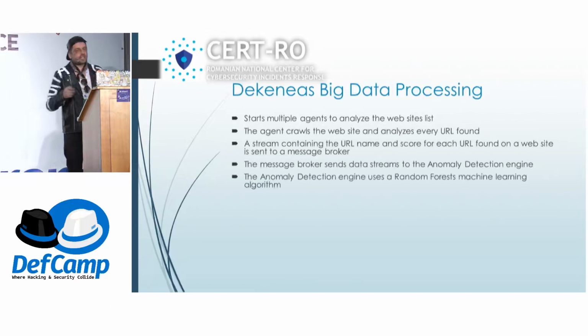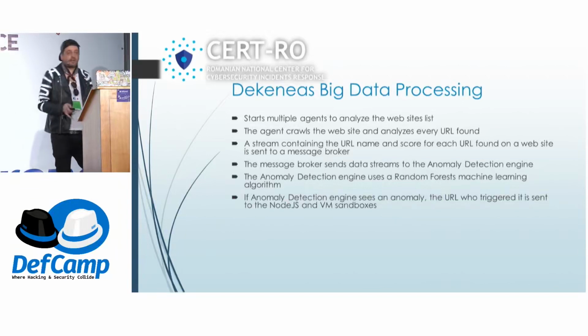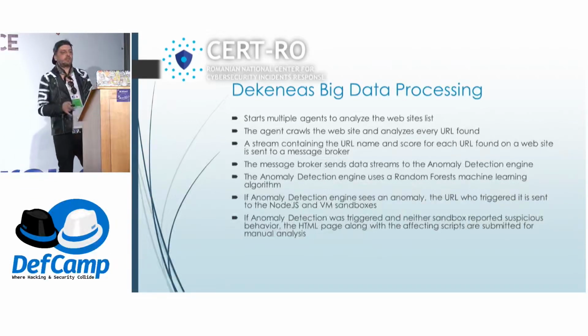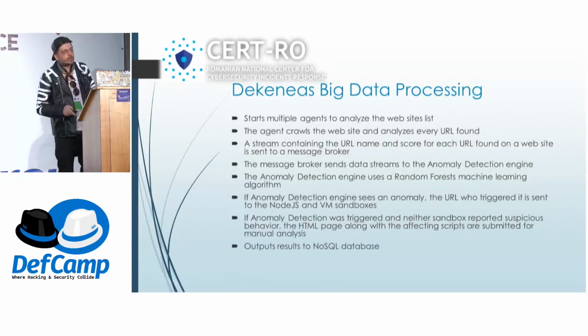The anomaly detection engine uses a random forest machine learning algorithm. If the anomaly detection engine sees an anomaly, the URL that triggered it is sent to the Node.js and VM sandboxes in parallel. If anomaly detection was triggered and neither sandbox reported suspicious behavior, the HTML page along with the affecting scripts are submitted for manual analysis, because we want no false positives and no false negatives. All the results are output to a NoSQL database.